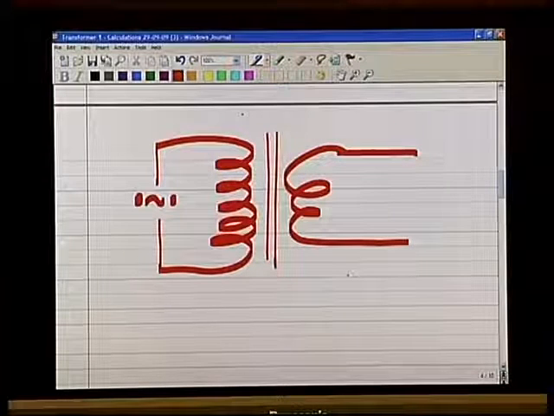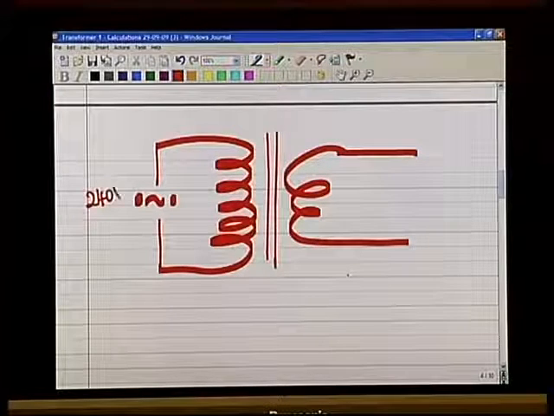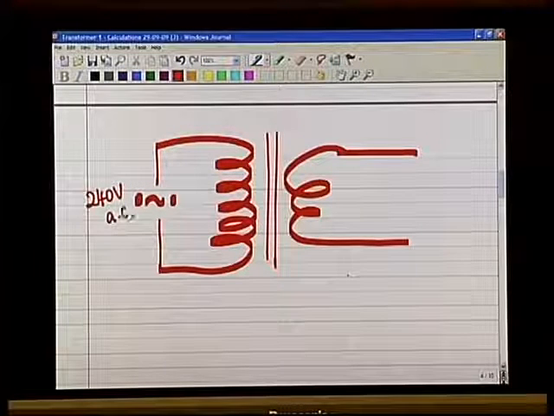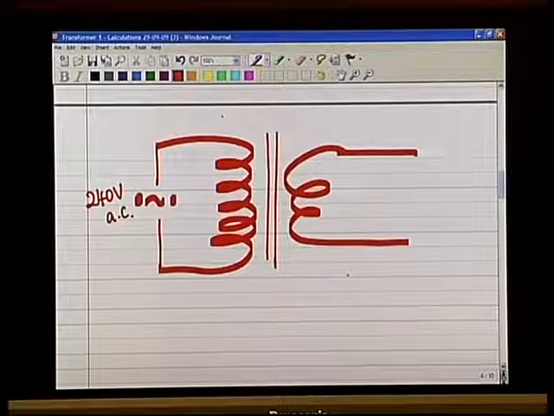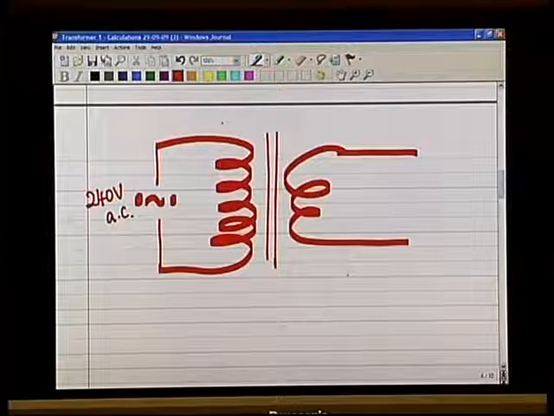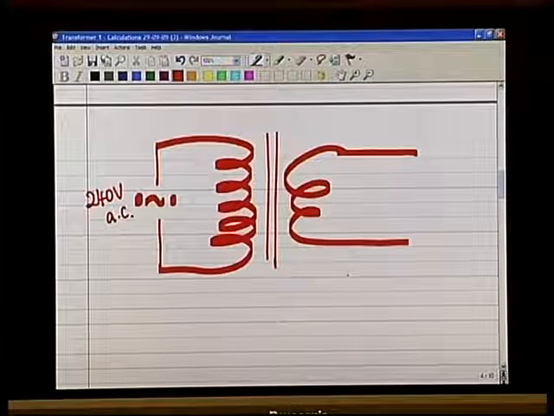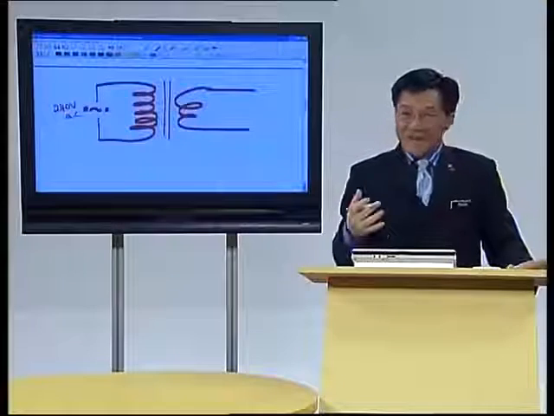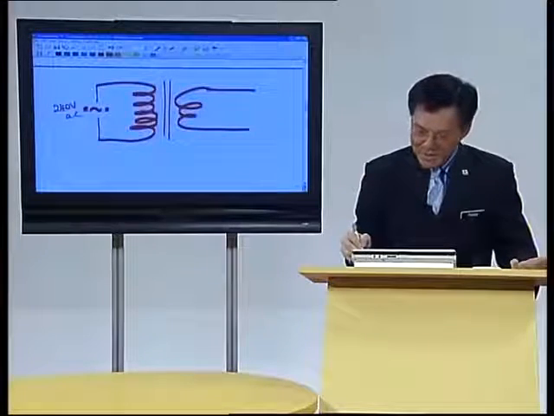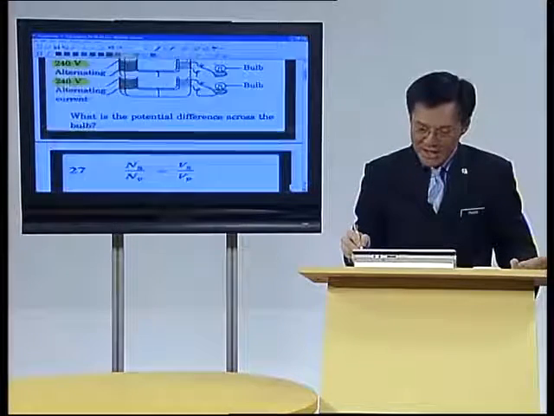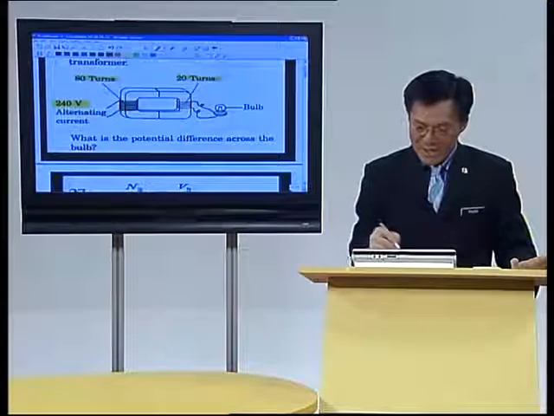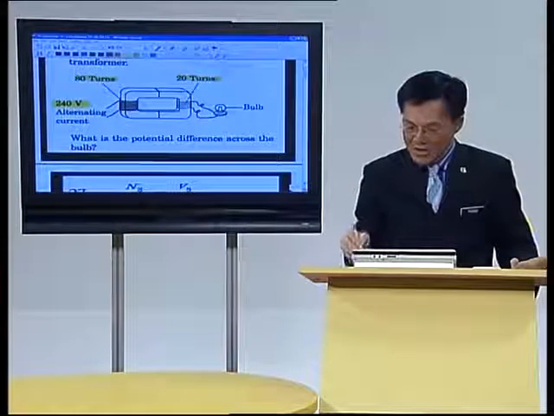How many volts from the diagram? Write down 240 volts AC. And here the number of turns that we were given just now was 80 turns. Double check it. Look at it again. 80 turns, 20 turns on the other side.